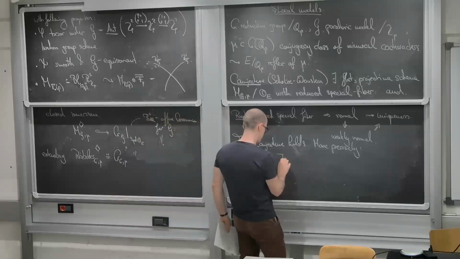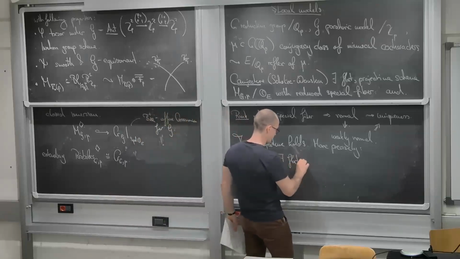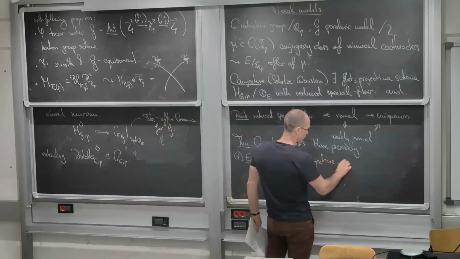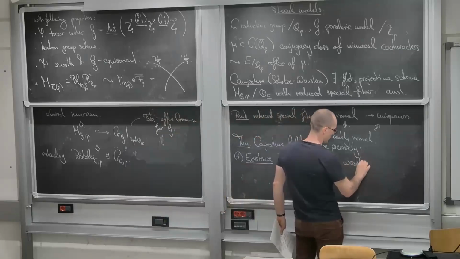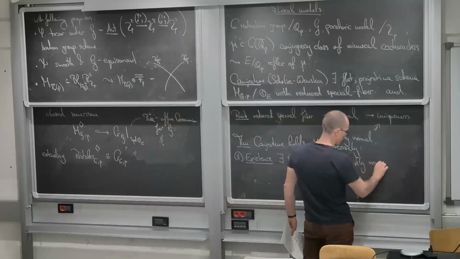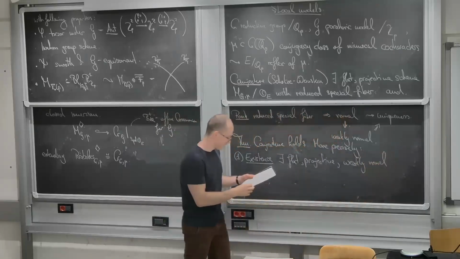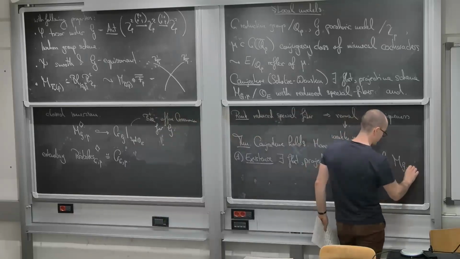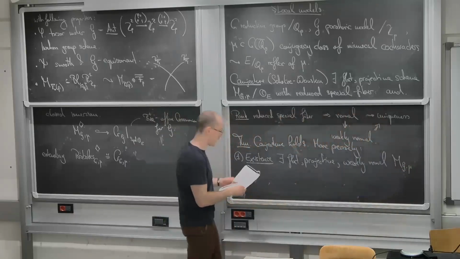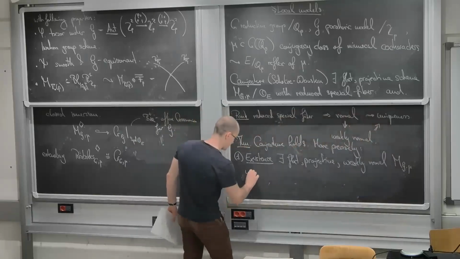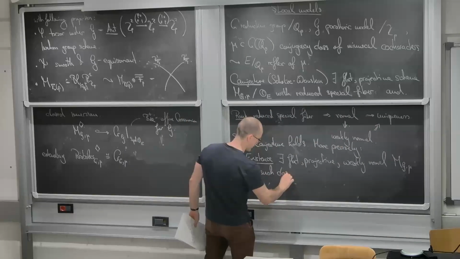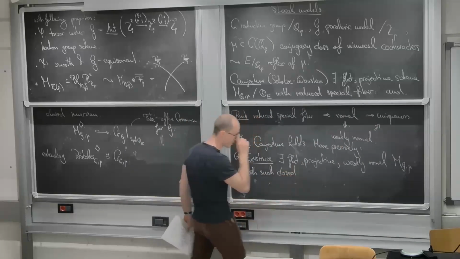There exists a flat projective and weakly normal scheme with such a closed embedding as in the formulation of the conjecture.